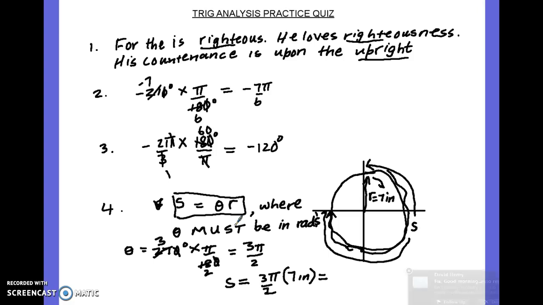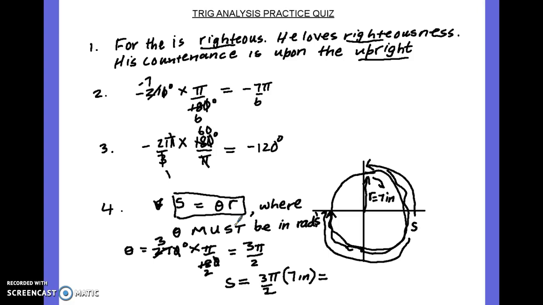So I have pi times 3, and that times 7 divided by 2. I got 32.986.